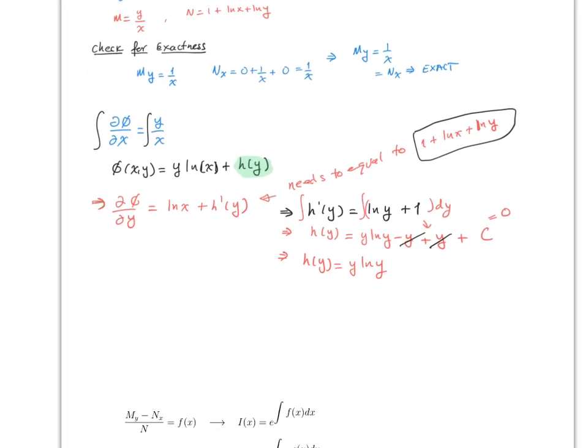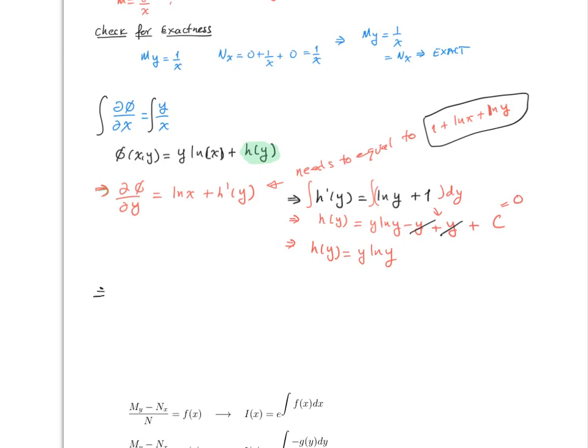Hence the value for phi, which is what we're trying to find, that means that phi of x y is equal to y ln x, which is what we have so far in here, plus h of y, but h of y is now just y ln y.